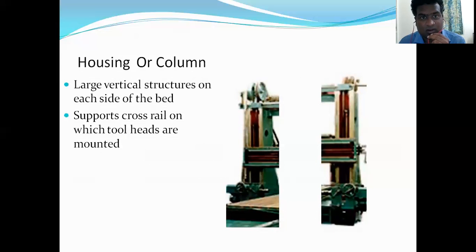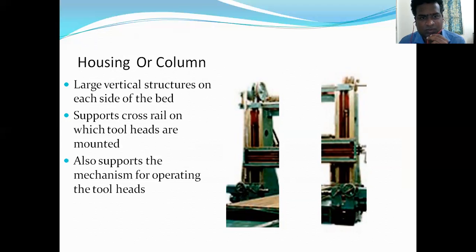Housings are large column structures on both sides of the bed, and they support the cross rail on which tool heads are mounted. They also support the mechanism for operating the tool heads. It is made of cast iron.